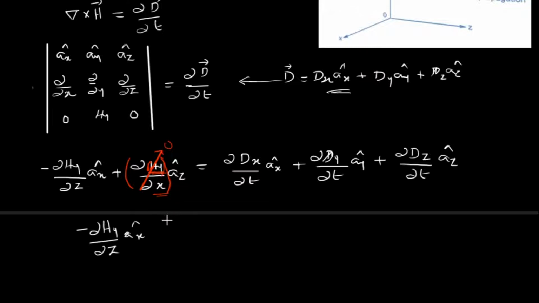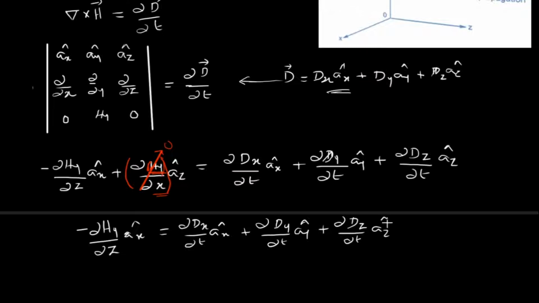So minus del Hy by del z ax cap will be equal to this entire right hand term, del Dx by del t ax cap plus del Dy by del t ay cap plus del Dz by del t az cap.